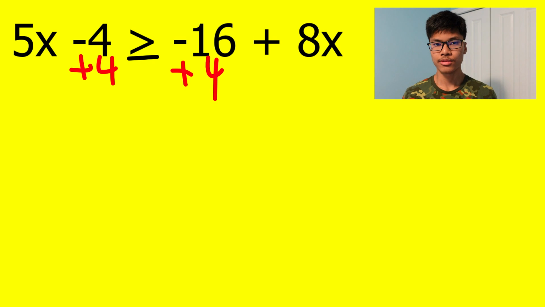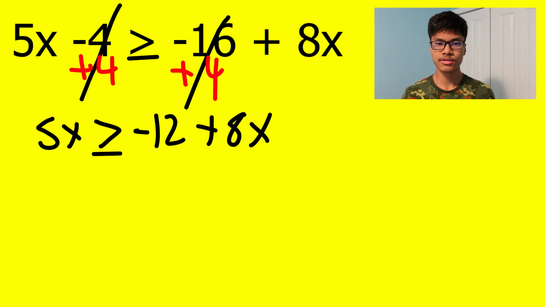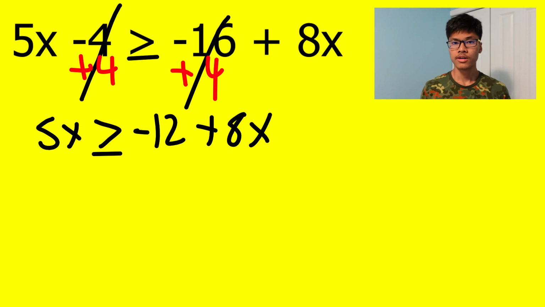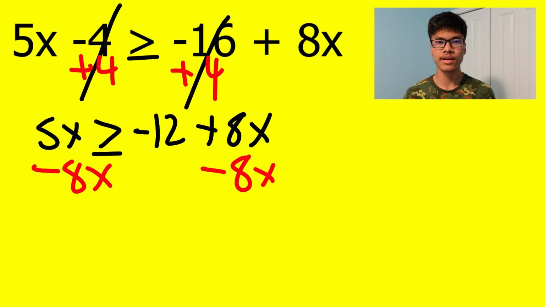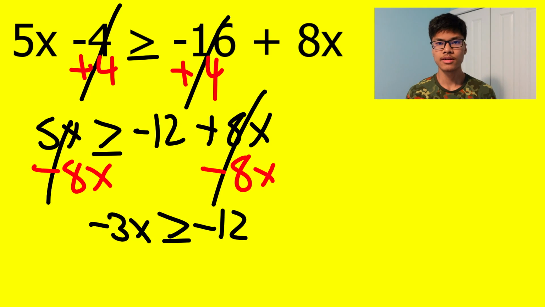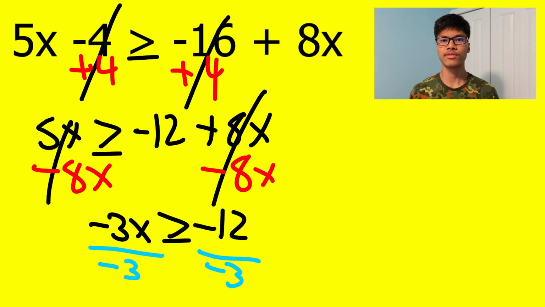So now our inequality becomes 5x is greater than or equal to negative 12 plus 8x. Now let's take out 8x to leave x on one side. So now it becomes negative 3x is greater than or equal to negative 12. Finally, we will divide each side by negative 3 to leave x by itself.